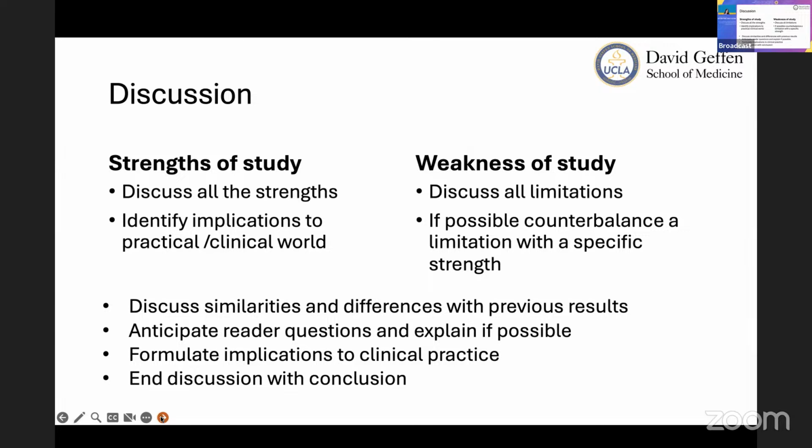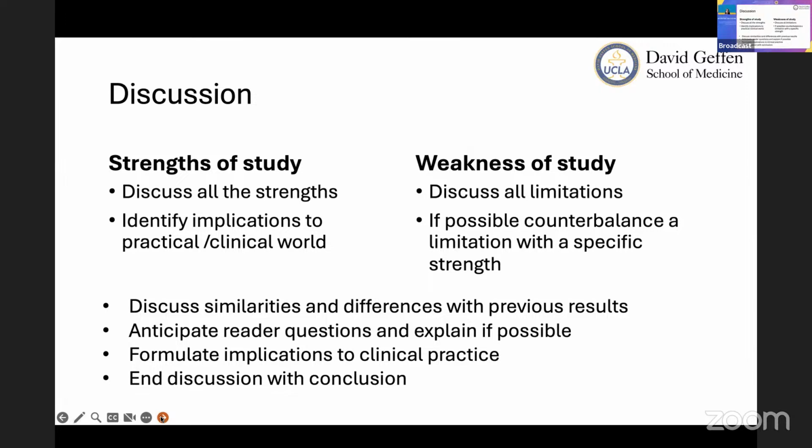And if there were previous studies looking into the same research question, then discuss in the paper what the difference was between the last research and this research. Why is your research a little different compared to the other one? Also anticipate reader questions. Think about what someone reading your research may ask, and try to answer or explain that if possible.